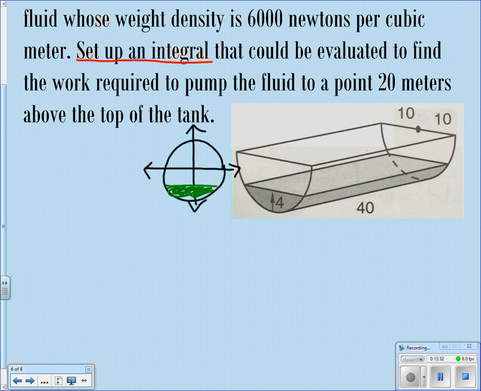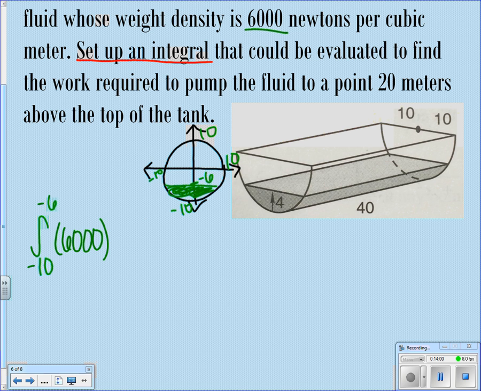The radius of this circle is 10. So that means that this number here is a -6 because it goes from -10 to -6. So when we set up our integral, we're going to go from -10 to -6 because that's where your fluid is. Your weight density is 6,000.